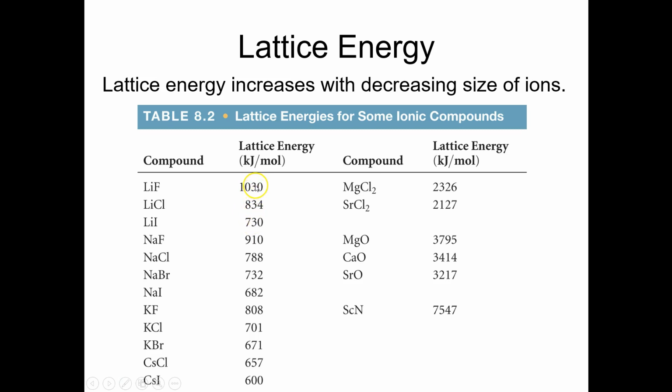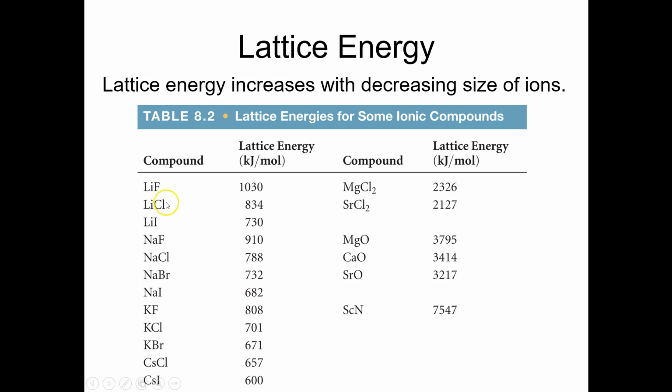So the lattice energies go down from lithium fluoride to lithium chloride to lithium iodide. You can see this again with sodium fluoride, sodium chloride, sodium bromide, sodium iodide. As the radius of the anion gets larger, the lattice energy gets smaller. Same thing with potassium, same thing with cesium.